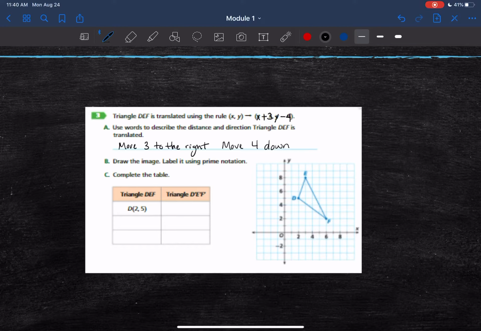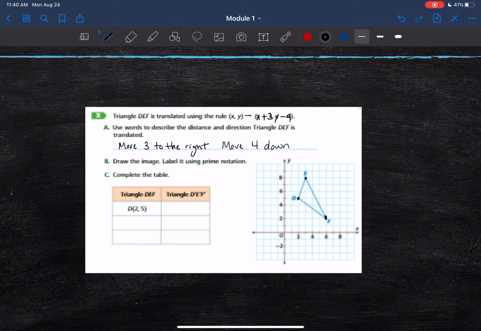So draw the image and label it using prime notation. We're given the pre-image right here. We need to take each of these vertices and translate them using what we were given in the mapping notation. So we're going to add 3 to each of the x's.